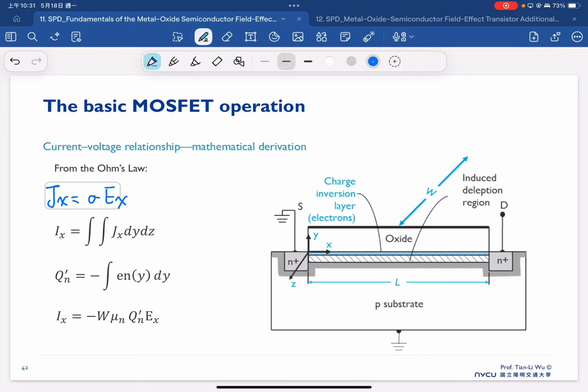Also, one thing I want to remind you is that this is a schematic of the MOSFET, and we define L and W here, where W is the channel width and L is the channel length.